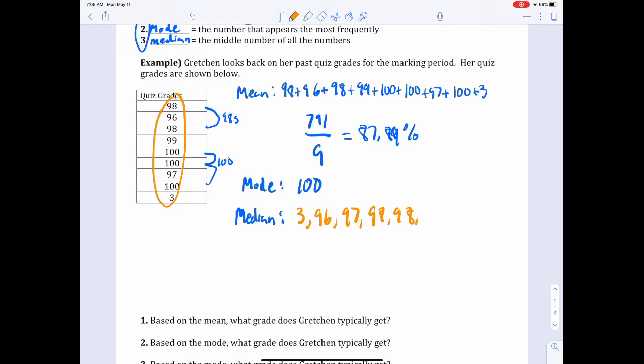And then there is a 99. And then as we found out, there are 3 100s. So to find the median, once the numbers are in order, we're going to cross out numbers on the left and the right until we get to the middle number. So cross one out there, cross another out there, and there we go. We're left with 98.